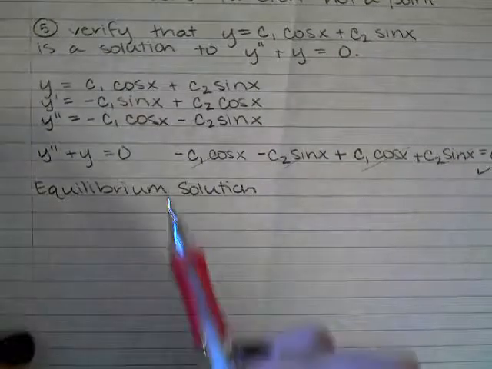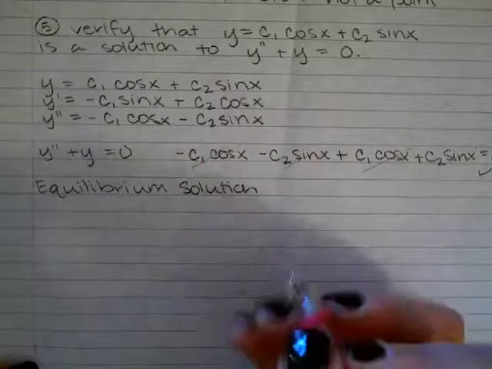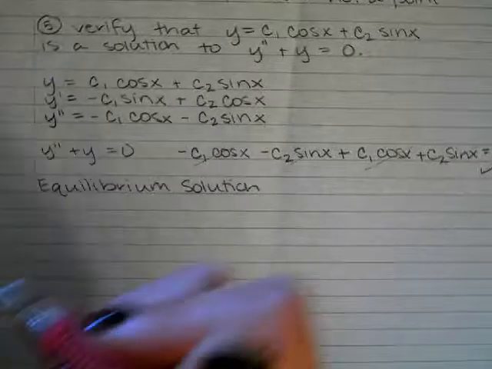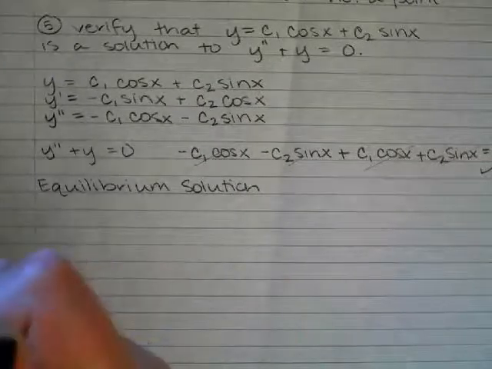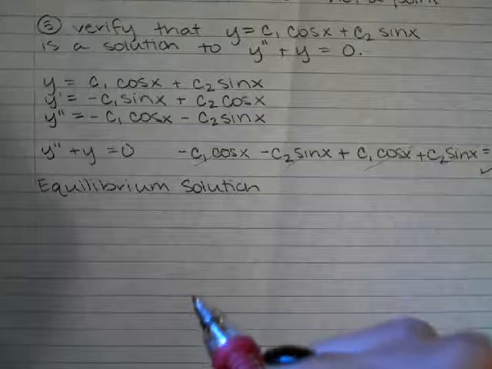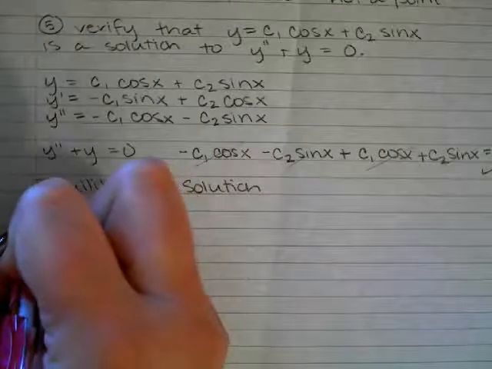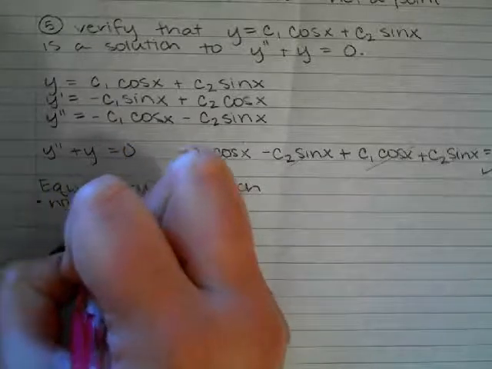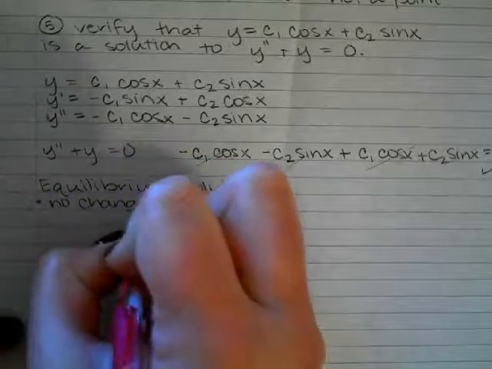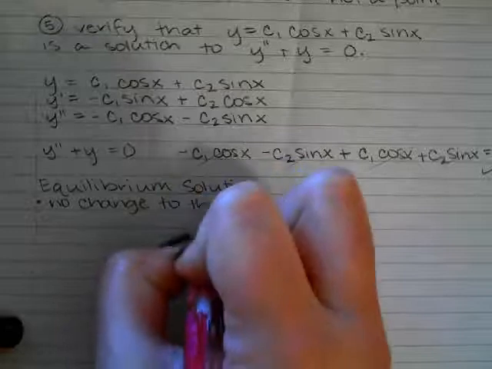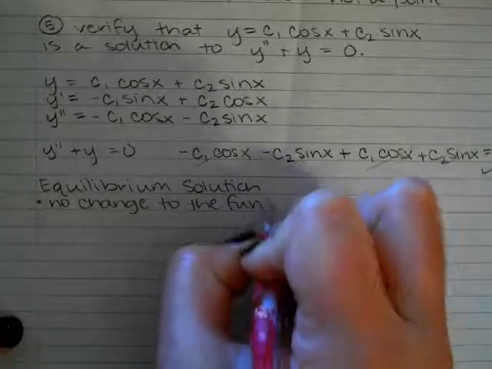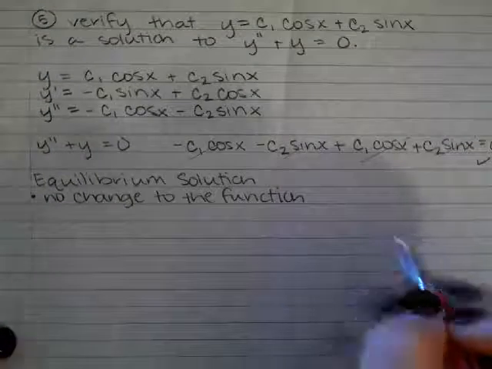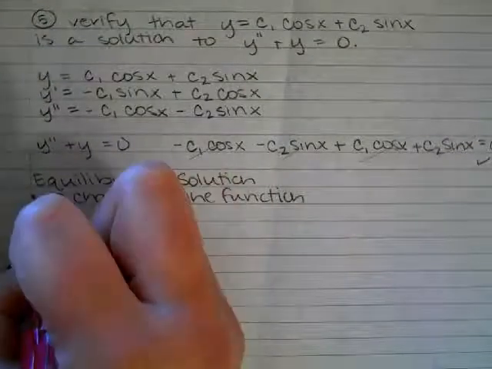So equilibrium solution is where there is no change to the function. It is where the derivative equals 0.